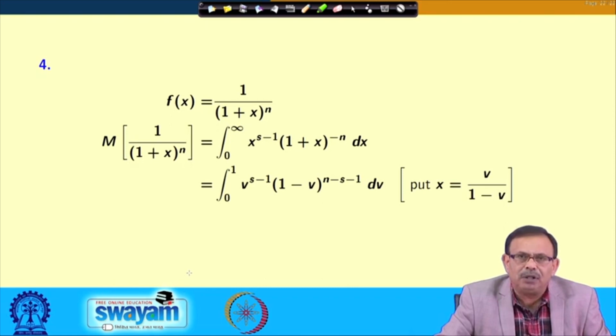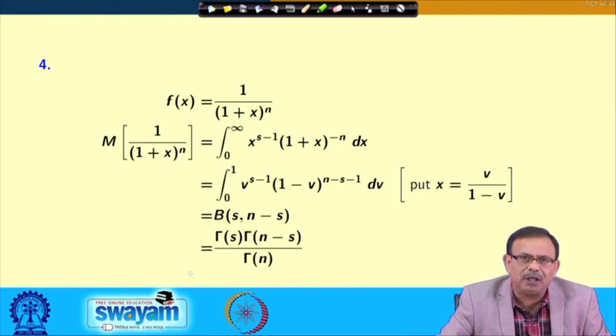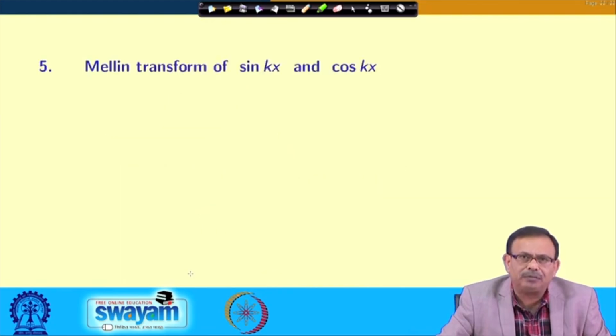So, this will be changed as 0 to 1 v to the power s minus 1, 1 minus v to the power n minus s minus 1 into dv. So, this is nothing but beta s comma n minus s, where m is s and n is n minus s, and in terms of gamma function I can write it as gamma s gamma n minus s by gamma n.